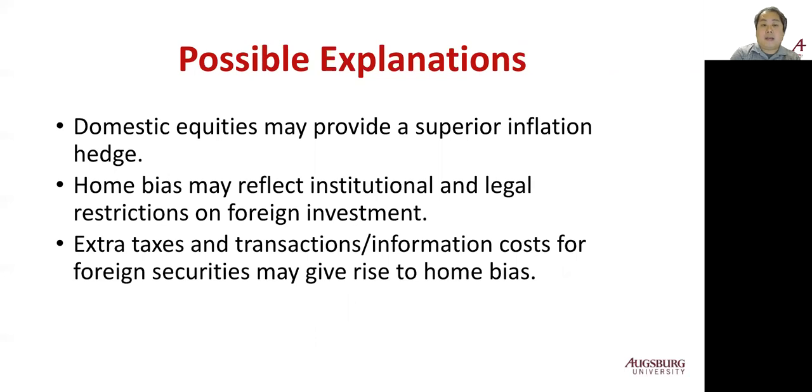Home bias may reflect institutional legal restrictions on foreign investment, because sometimes you can have more restrictions in your country, so you are more linked to domestic investment. Extra taxes and transaction and information costs for foreign securities may also give rise to home bias.